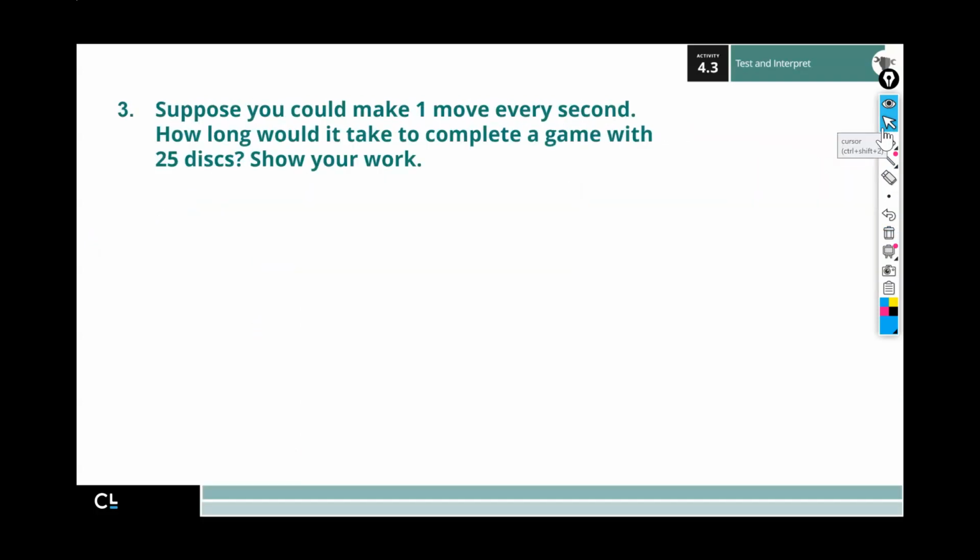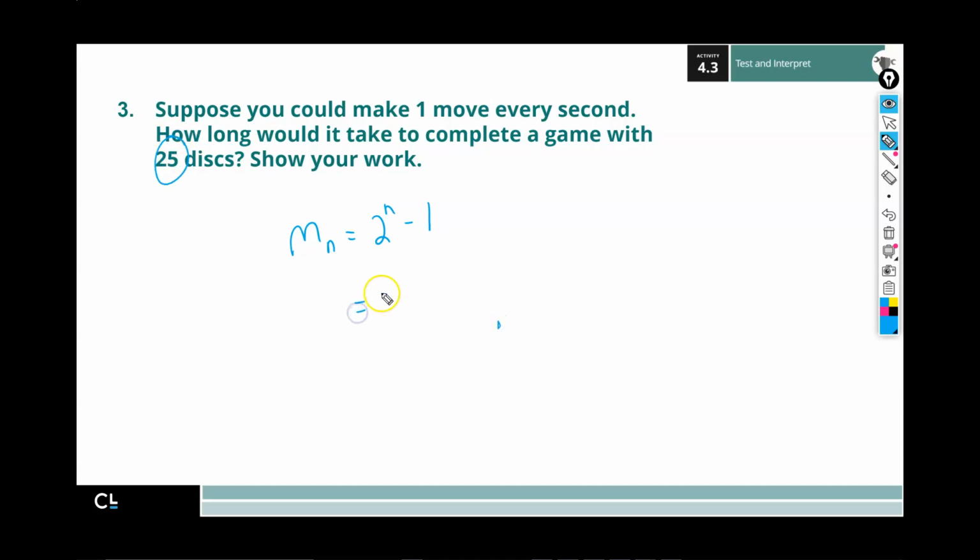Suppose you can make one move every second. How long would it take you to complete a game with 25 discs? Show your work. So if we go back and use our explicit formula, which is exponential, I would take n equals 2 to the nth minus 1, and I want to figure out the 25 discs.